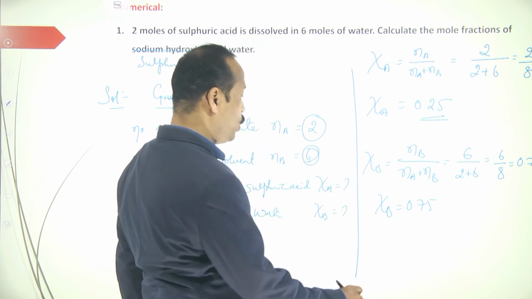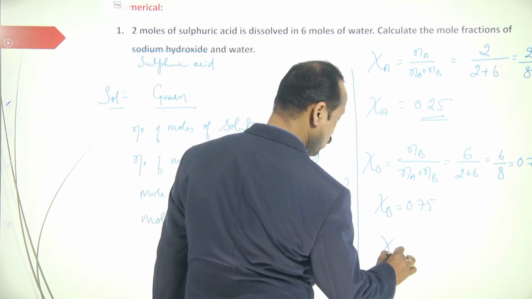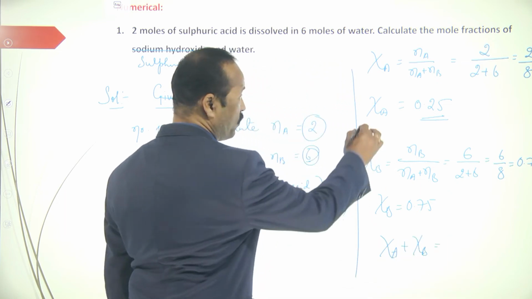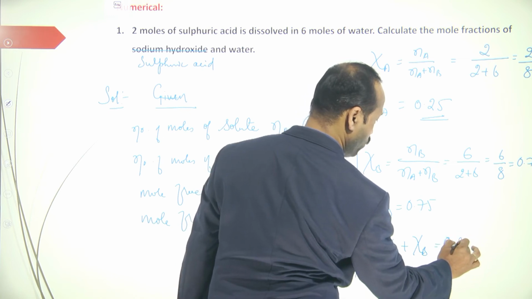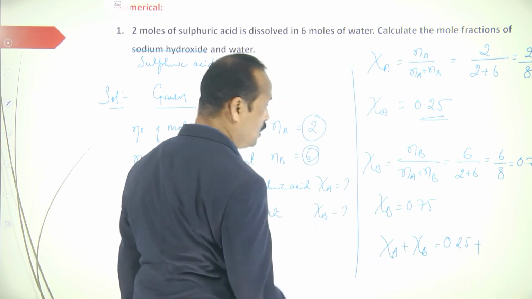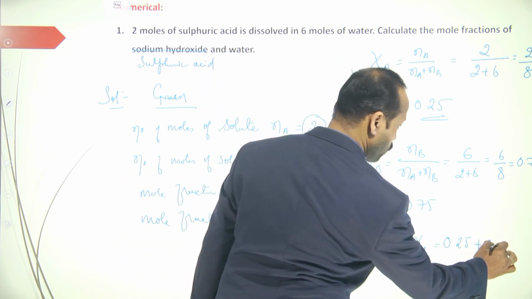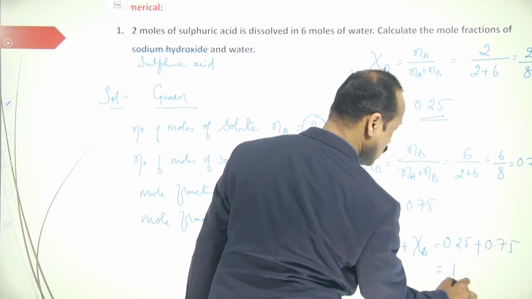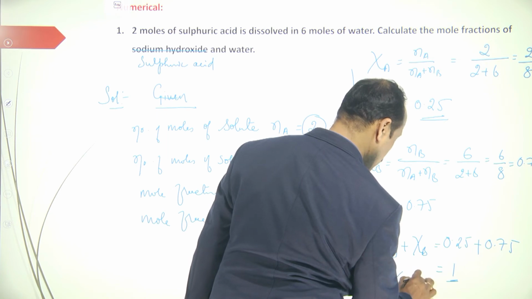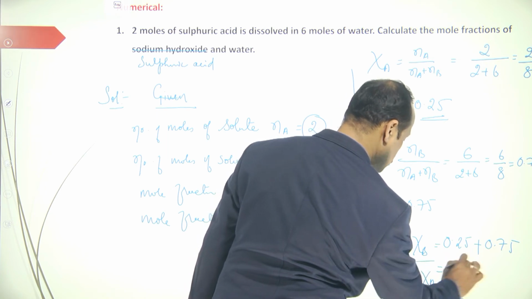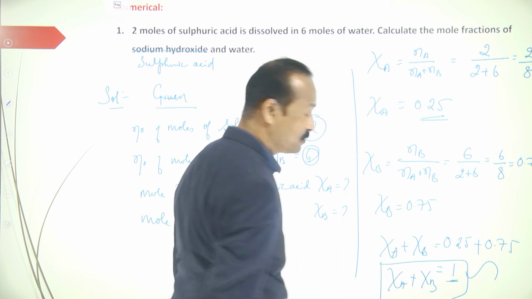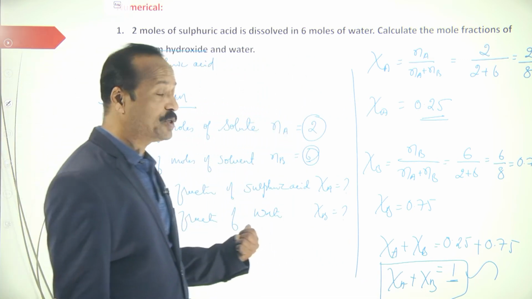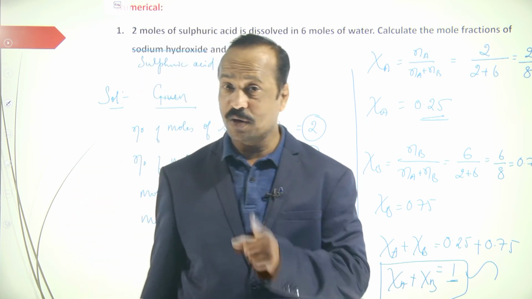So the mole fraction of solute is 0.25 plus the mole fraction of the solvent 0.75. So 0.25 plus 0.75 is how much? 1. Hence, my answer is absolutely correct. In this way, this is the mole fraction advantage.